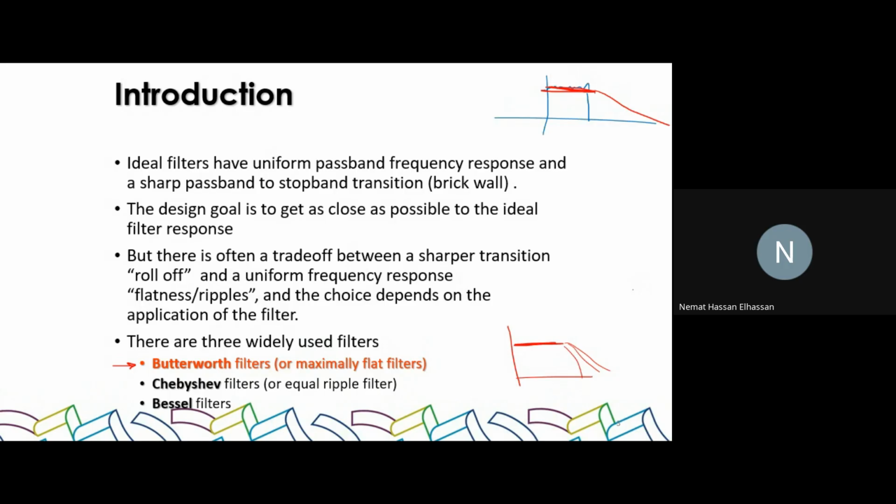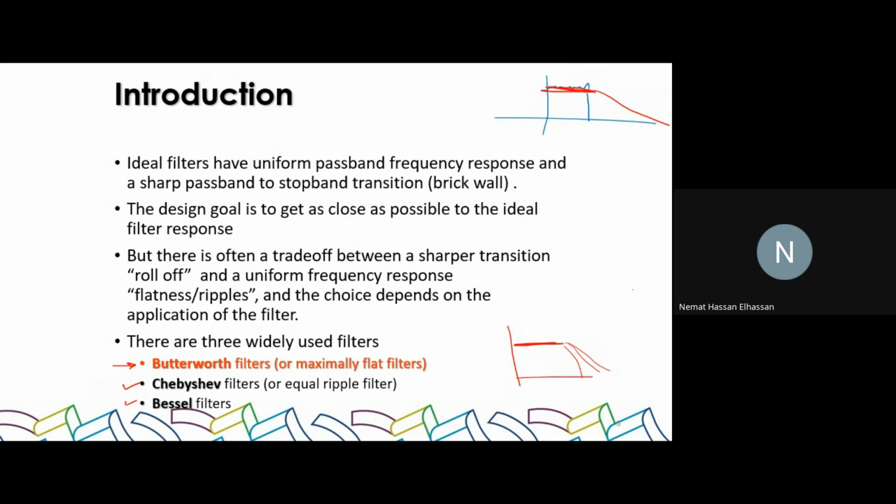The other two types, alternatives that I want you to go and look on your own for as part of your research for a group project, are the Chebyshev and the Bessel filters. All three of them are commonly used filters because of their enhanced outcome. Clear? Okay.